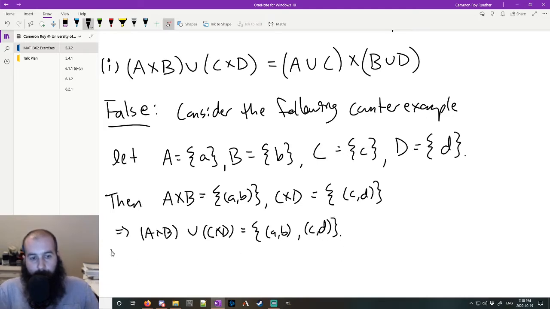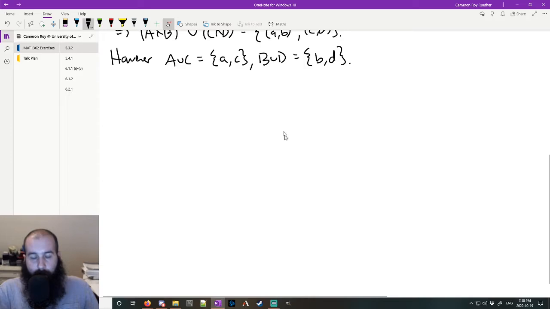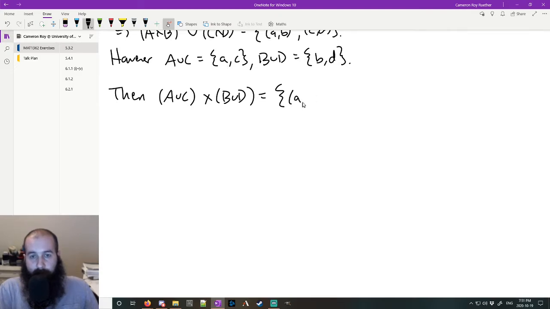However, A union C contains two elements, small a and small c, and B union D contains two elements as well, small b and small d. And since these each have two elements, the Cartesian product will have four elements. So then A union C cross B union D will contain the pairs where the first element is a and the second is either of these, so ab and ad.